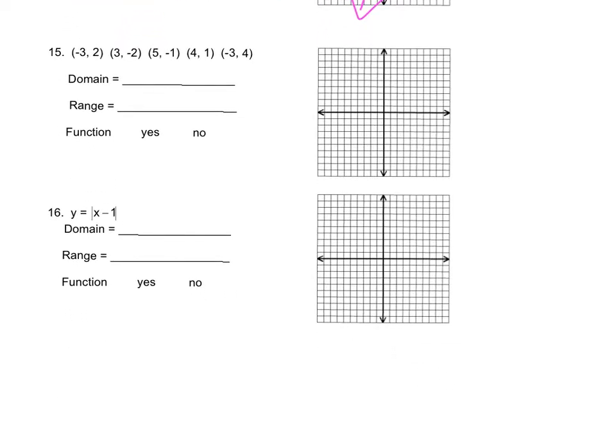All right, next part, we're just plotting the 5 points here. So go ahead and start plotting those.